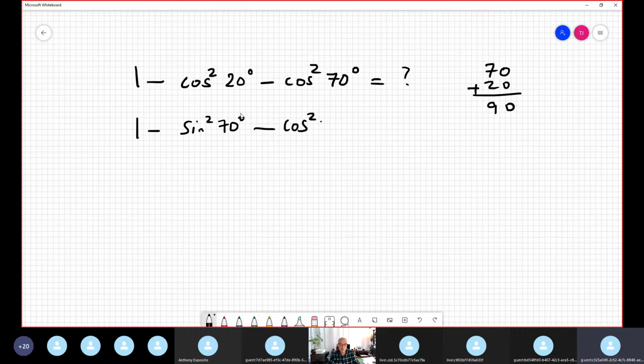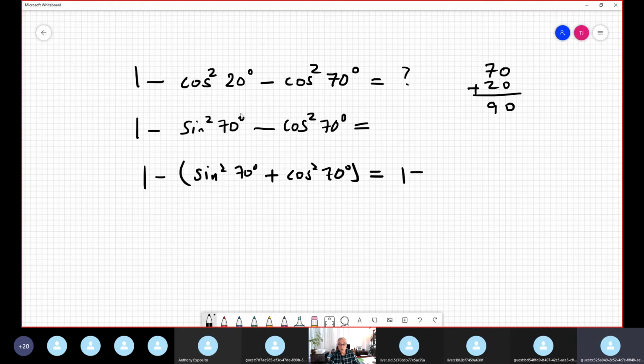It's much better for me to understand when you have the same angle. So I change 20 to 70 or 70 to 20, it doesn't matter, the order is not important. And now you factor the minus outside: sine square 70 degrees plus cosine square 70 degrees equals something. And I know the Pythagorean identity says sine square plus cosine square is equal to 1. 1 minus 1 is 0.